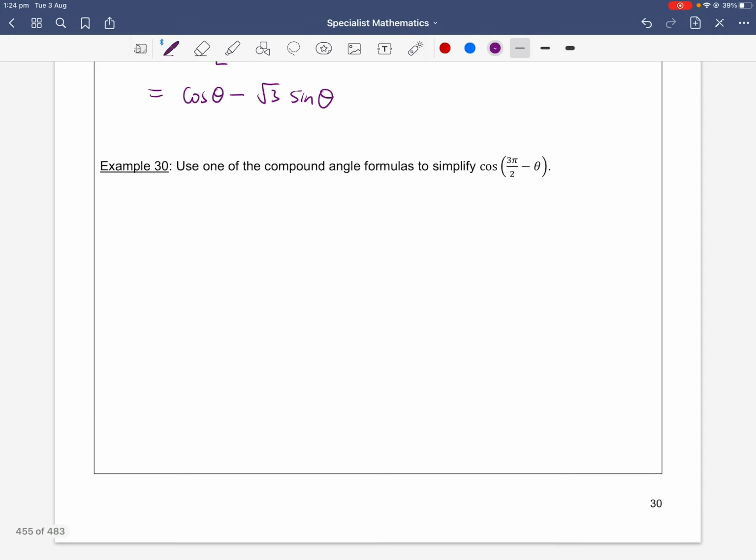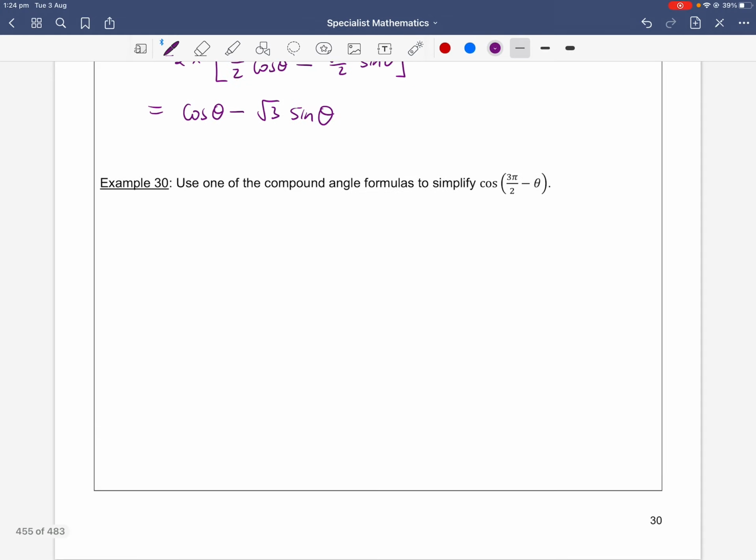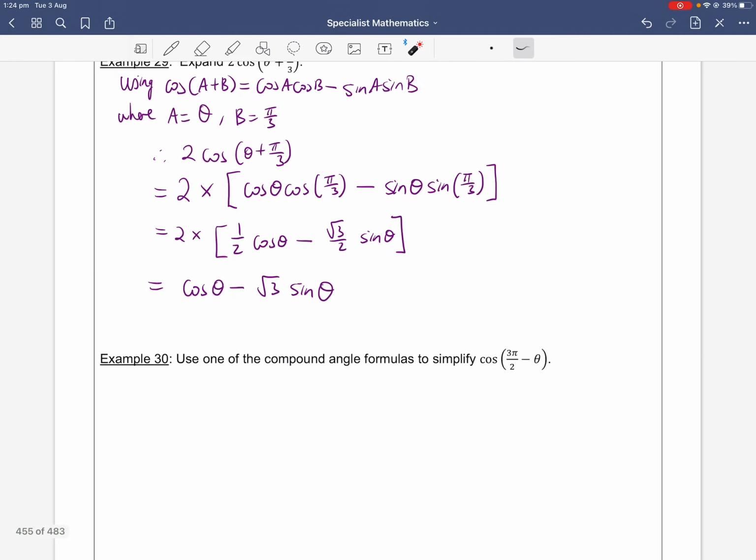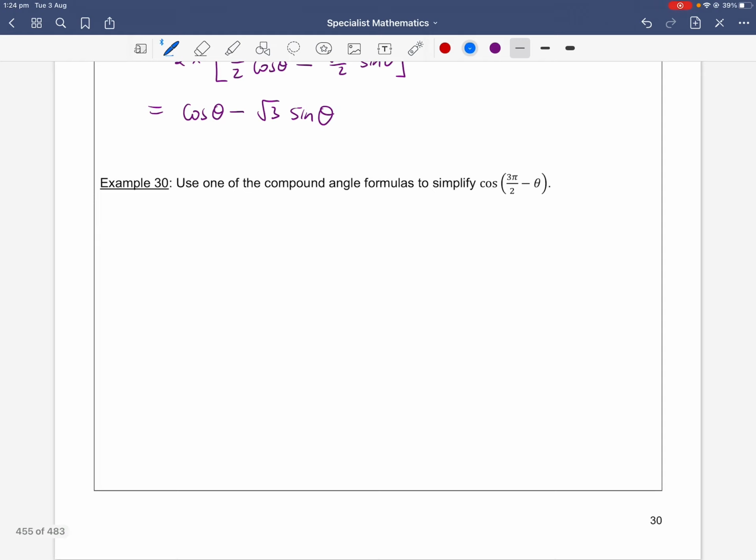One more time to practice applying these formulas, we have example 30. Use one of the compound angle formulas to simplify cos of 3 pi on 2 minus theta. This time we've got cos of a difference. So you go to your formula sheet, identify the one which has a cosine, and particularly we want the one with subtraction. Then you copy down the formula which you want to use from the formula sheet.